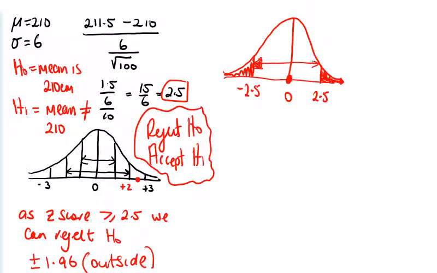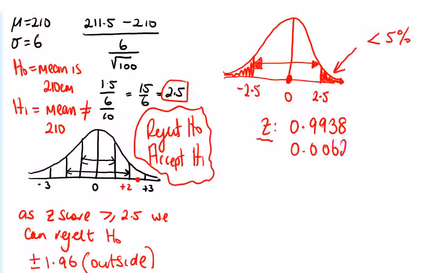It's obviously going to be greater than 95% in the middle, and these two are going to add to be less than 5%. So let's look up 2.5 and get 0.9938 from the tables. So that means that in the tail we have 0.0062.